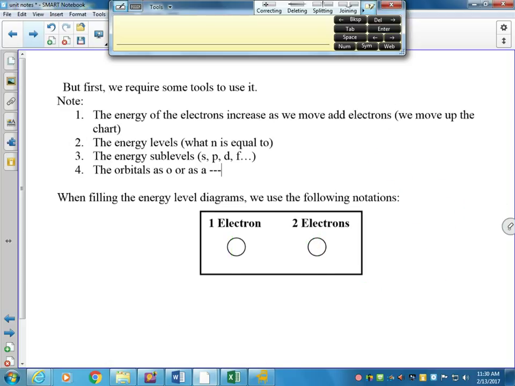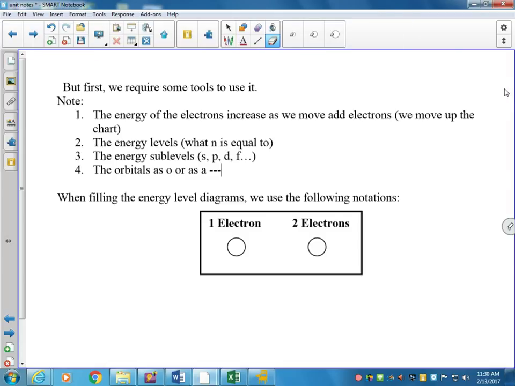So, how do we fill these out? Some tools to use. The energy of the electrons increases as we add electrons, as we move up the chart. And the energy level, what n is equal to, the sublevels, as well as the orbitals. When we fill in these energy level diagrams, we start from the bottom up.